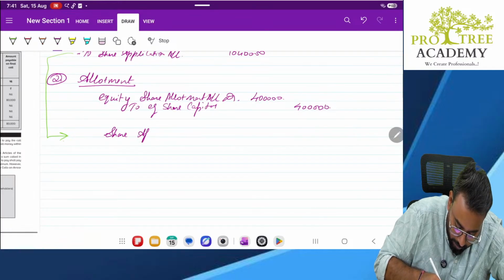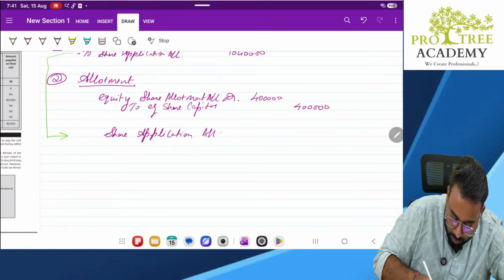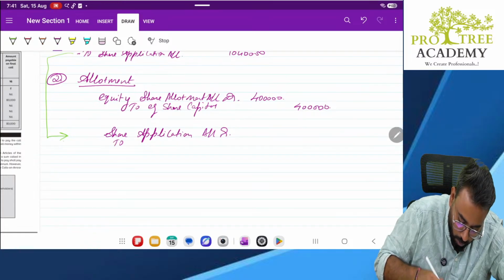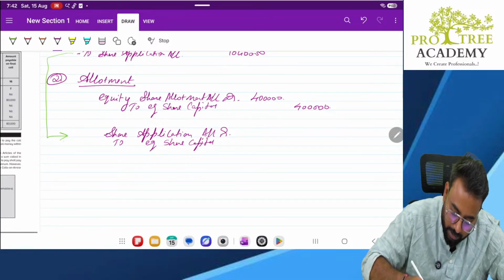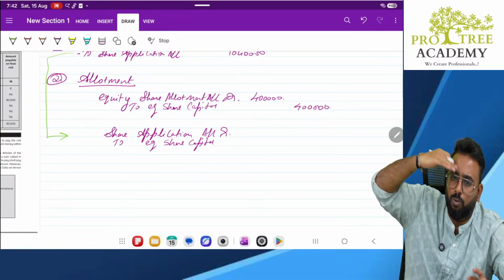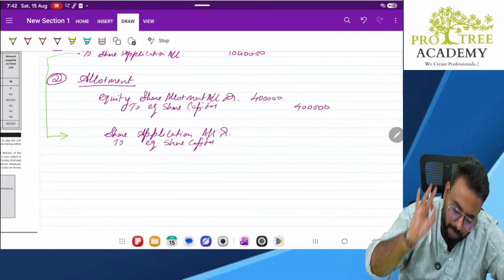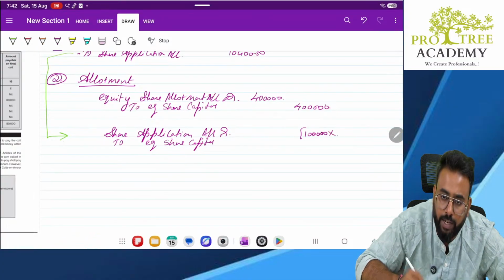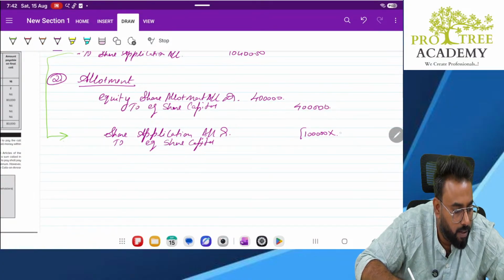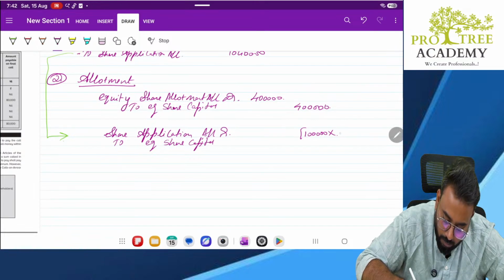So, what is the journal entry? Share application account debit to equity share capital. How much, sir? Don't go to the table and do a lot of calculation, it is not required. It is a simple logic. How many shares were allotted? 1 lakh into what is the application money? 4 rupees.